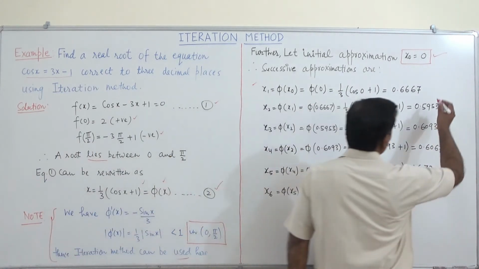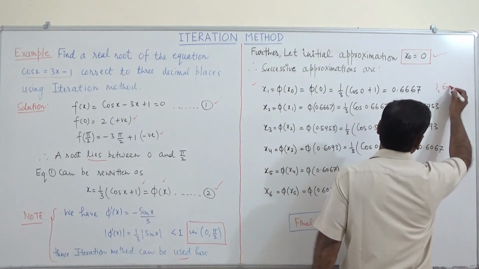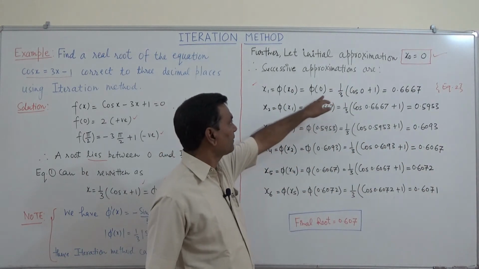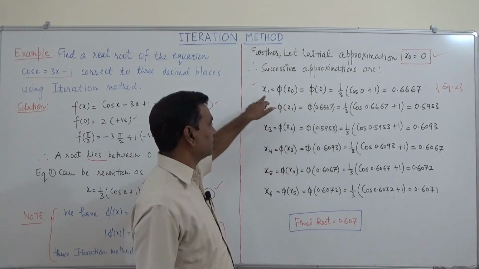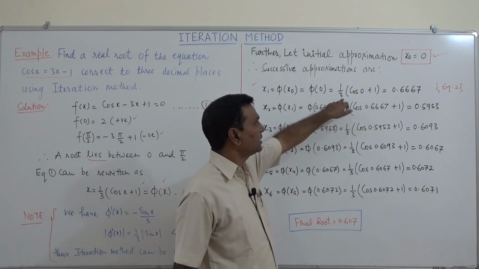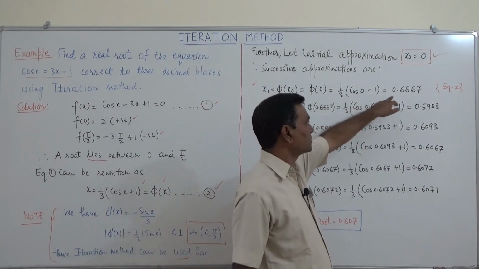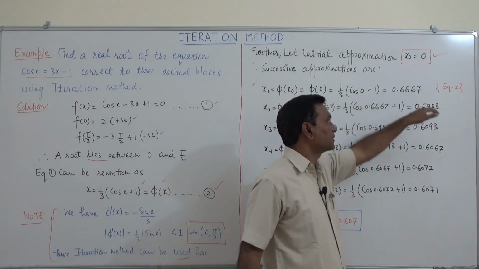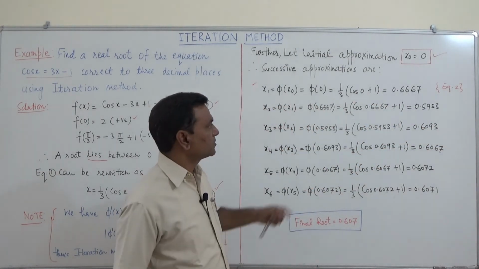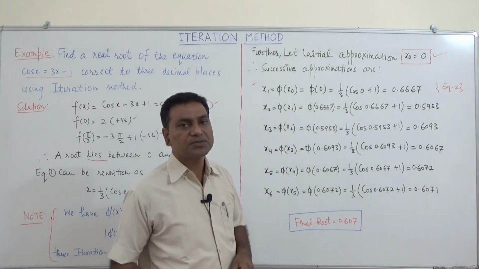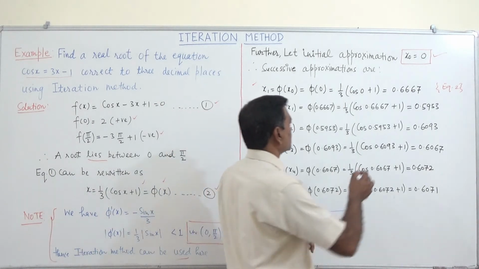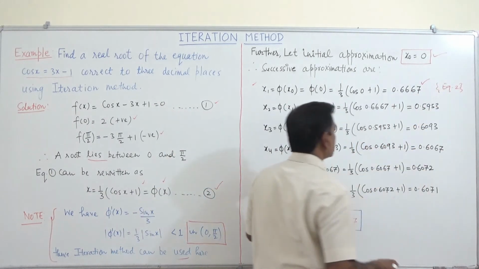So x1 = (1/3)(cos 0 + 1) = 0.6667, because the value of cos 0 is 1, so this will be 2/3, which comes out to be 0.6667. This is the first approximation.